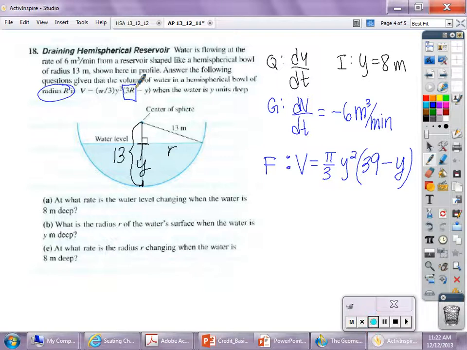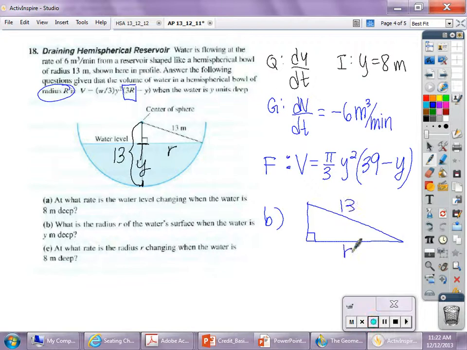All right, let's talk through each of them. Part B says, what is the radius of the surface when the water is y meters deep? If they do that, that means y is going to be part of your answer. So the surface of the water is here. Do you see a shape that I might be using? Triangle. How much is the triangle's hypotenuse? 13. We know this is r.